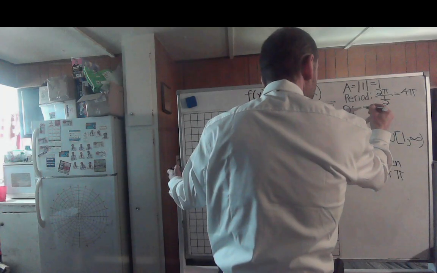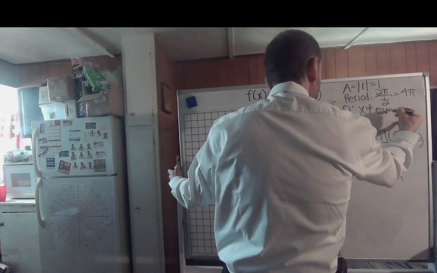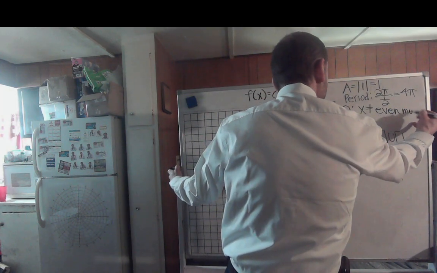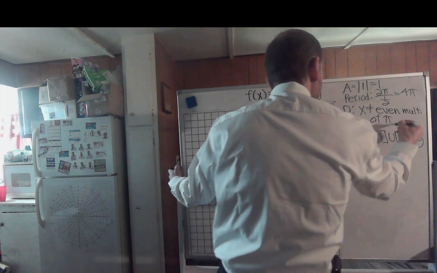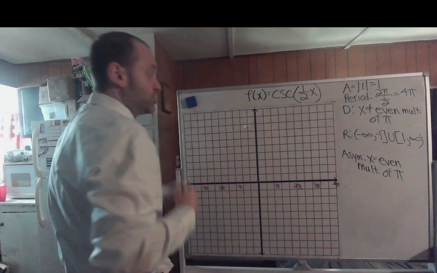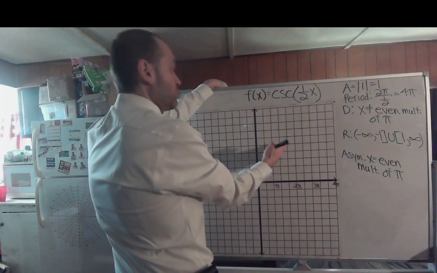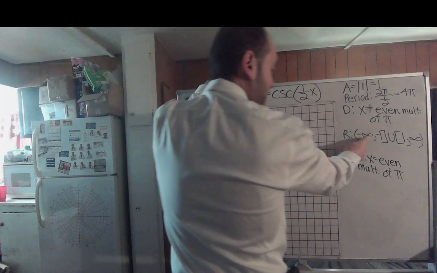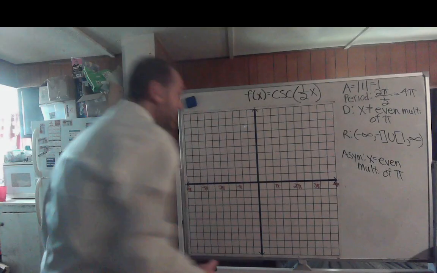That means your domain is x, all of x not equal to even multiples of pi. Your range still hasn't changed. You don't have any vertical shifts or amplitude changes, so your range is from negative infinity to negative 1 in union with 1 to infinity. Let's graph our asymptotes.